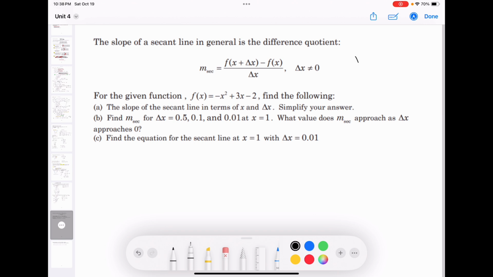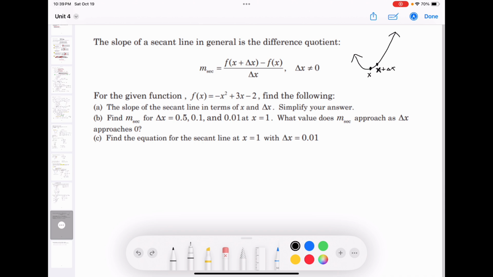For example, I have a random function, and I have a point on the function, x, and another point here. The difference between this point and the next point is delta x, so the next point is x plus delta x. So the difference between the second x minus the first x is delta x.